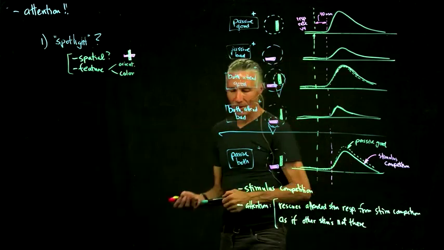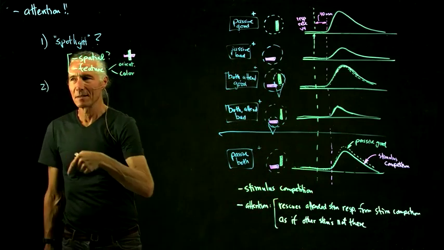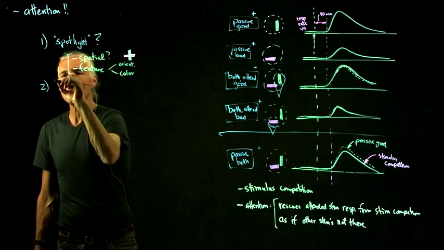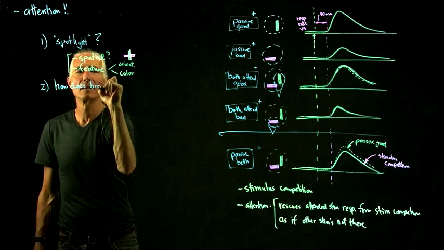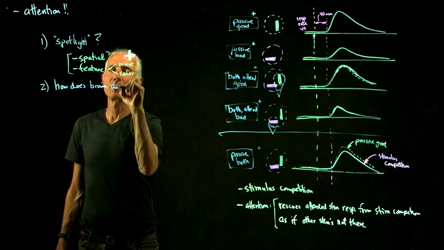Okay, so that was whether it is a spotlight. But the second thing that I introduced before I interrupted myself was, how does the brain decide which to suppress?